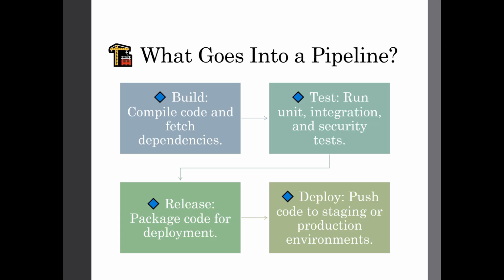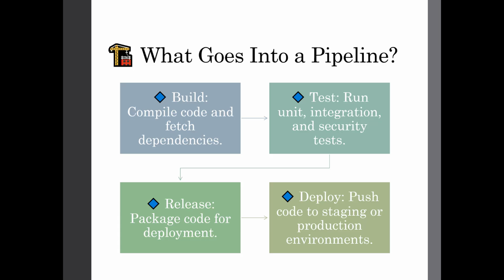So what goes into a pipeline? Typically, a pipeline is triggered automatically, maybe when we push to GitHub or we open a pull request. And so it kicks off our stages, such as restoring dependencies, compiling code, running tests, creating build artifacts. We can do different types of tests in that testing phase, all the different types of tests we've talked about.